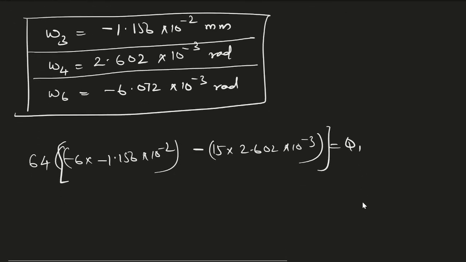So minus 6 into minus 1.156 into 10 power minus 2, then minus of 15 into 2.602 into 10 power minus 3, multiplied by 64.